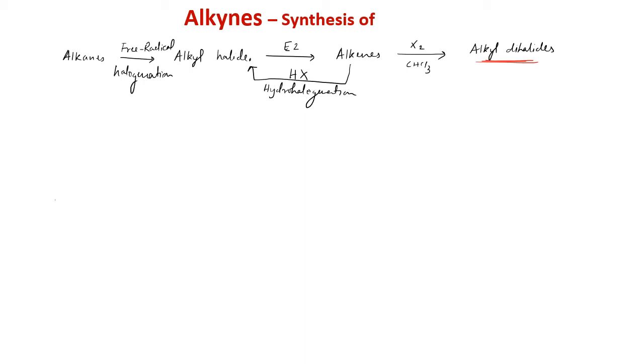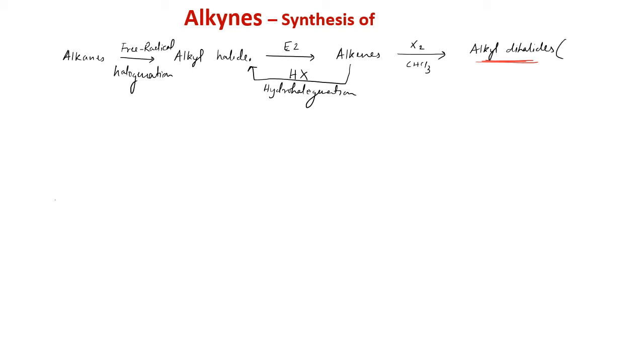And the same applies starting from the alkyl halide. From the alkyl halide, when you're making alkenes, you can make either the more substituted alkene using a strong base, or the less substituted alkene using a bulky base. So there are various possibilities here, but these reactions are related. That is what I wanted to point out. Now, since we are talking about alkynes here, alkynes are synthesized from alkyl dihalides, or at least one of the routes is.